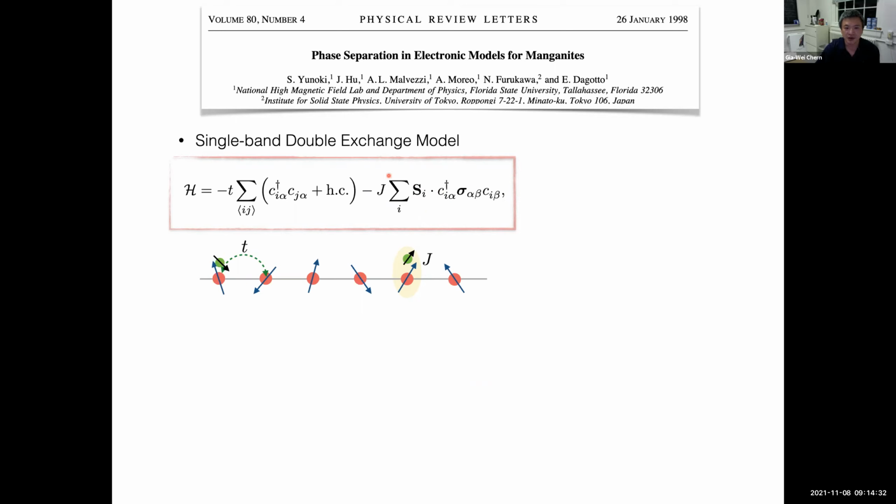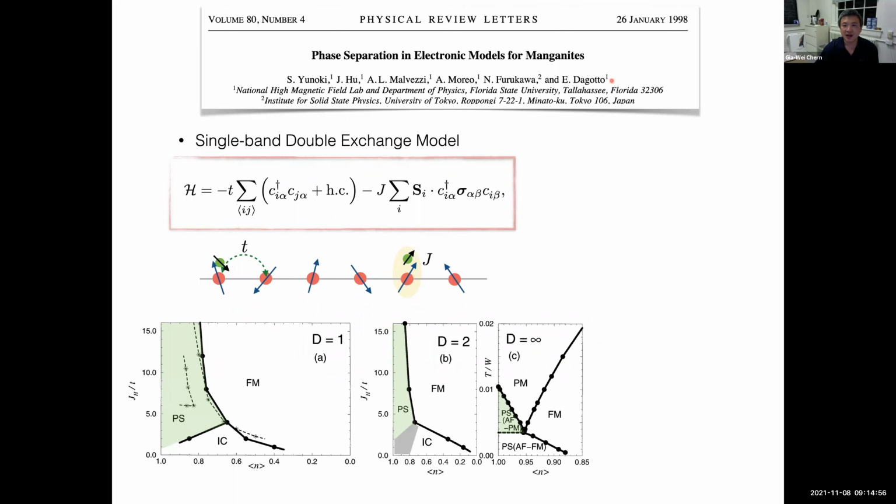So in the double exchange model, you have a classical spin S on every site. So when electrons hop on the lattice sites, their spin will try to align with the local spin. And J is this Hund's coupling constant.